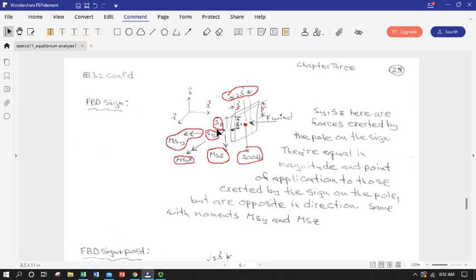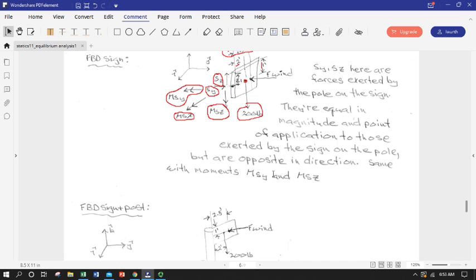And notice we've arbitrarily decided to draw them in the positive direction in this case. So we'd need to draw them in the negative direction on our pole FBD if we chose to do that next. So this is where signs and directions become really important. So don't make sign errors as you're applying Newton's third law, which is what you're doing here.